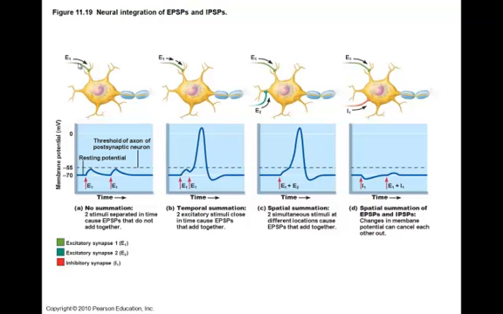Because the information is going from this cell to this cell, and this is the synapse, we would call this the presynaptic cell, and this is the postsynaptic cell, because information is flowing in this direction. Not because there's an arrow here, but because axons are always taking information away from the cell body.